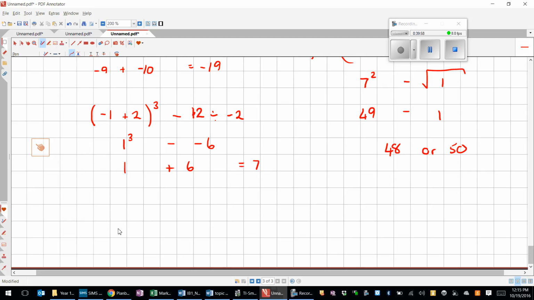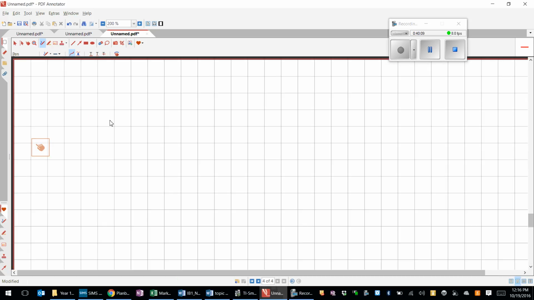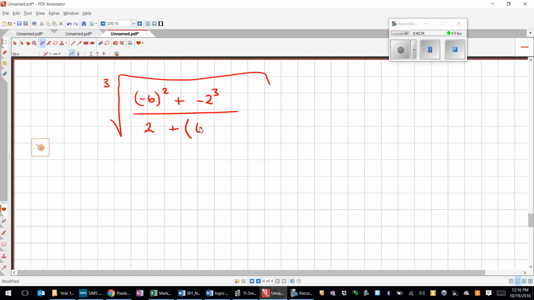We need to get through this just before lunchtime. Okay, so the final question then: the whole thing is the cube root of -6 squared plus -2 cubed, all over 2 plus... Now there's 2 marks, so we've got bits and pieces that we can get marks for.